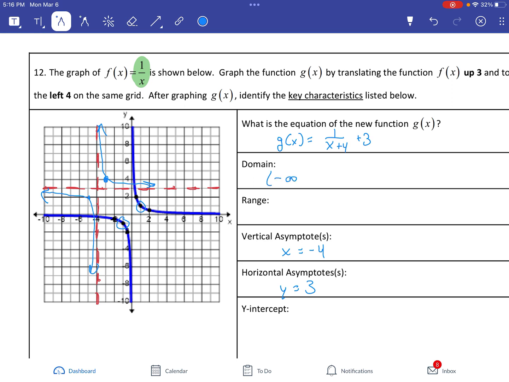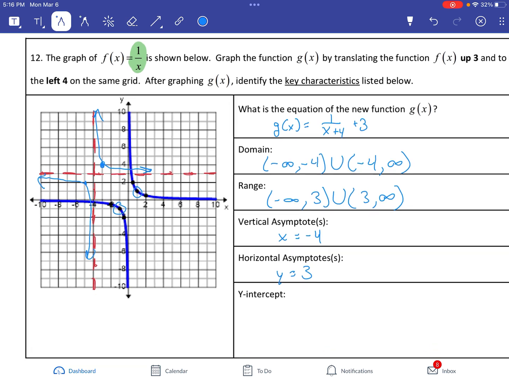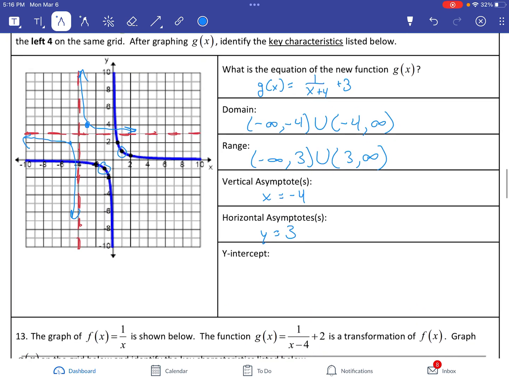So I have -infinity to -4. And then -4 to +infinity. My range is based on my horizontal asymptote. So at the bottom I go -infinity to 3. And 3 to +infinity. My y-intercept, I'm going to put 0 in for the x value. So I have 1 over 0 plus 4 plus 3.